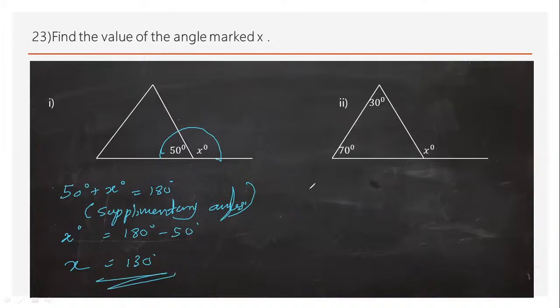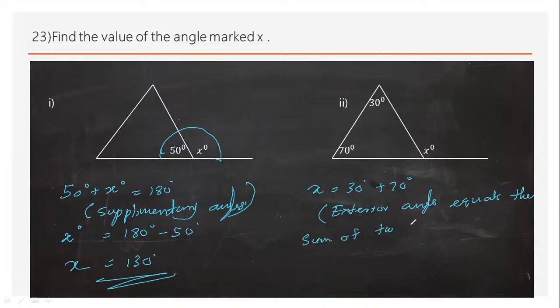Next question. x equals 30 plus 70. What is the reason for that? Exterior angle equals the sum of the two opposite angles.